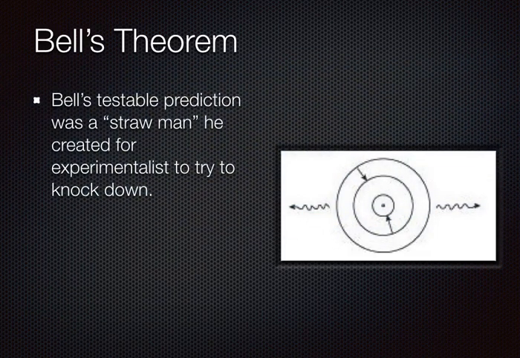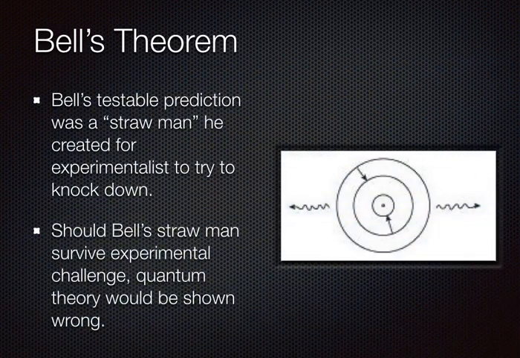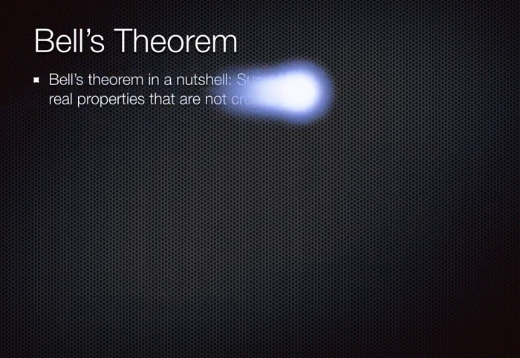Bell's testable prediction was the straw man he created for experimentalists to try to knock down. Should Bell's straw man survive experimental challenge, quantum theory would be shown wrong. So Bell was able to actually take it out of the philosophical and create an experiment. Now this became the experiment, because if this experiment was proved wrong, then quantum mechanics would just fall apart and everybody would have to start back at base one.